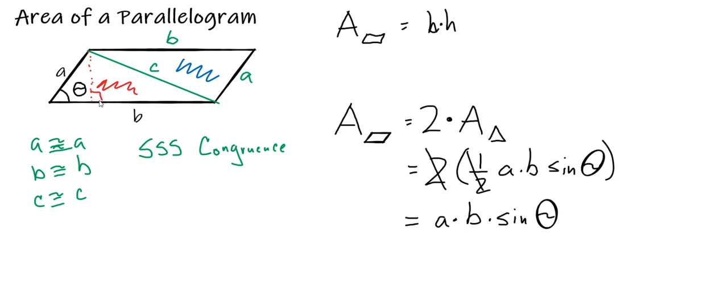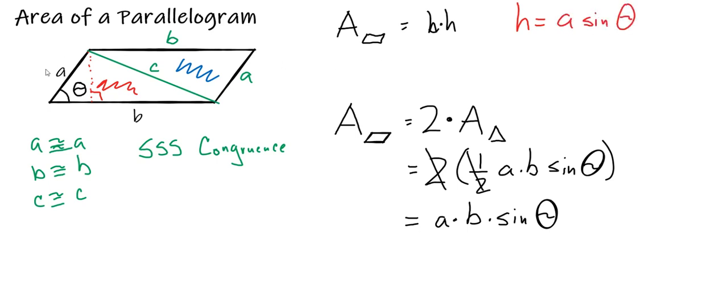Recognize that since it's an altitude, it forms a right angle to that side B. Then the height of this triangle, much like the height of this parallelogram, is going to be a sine of theta.